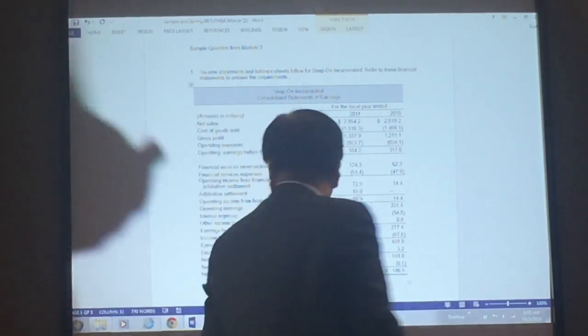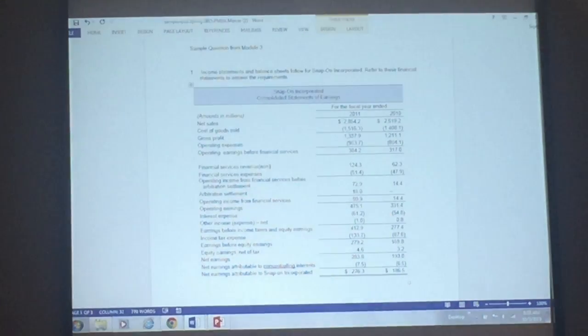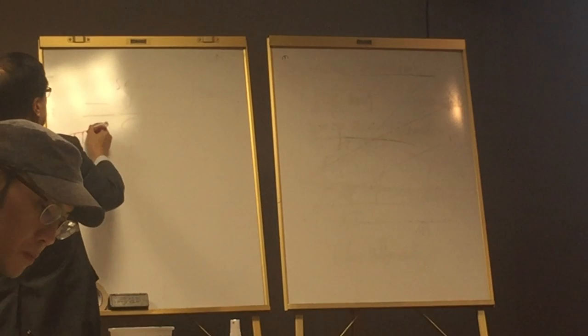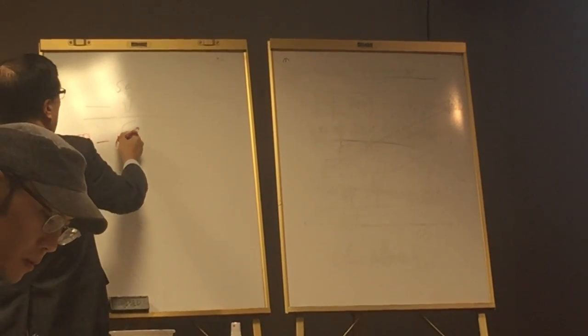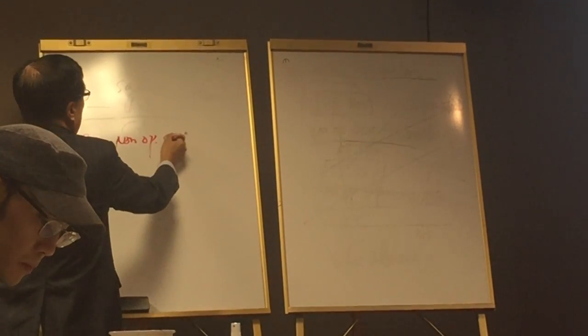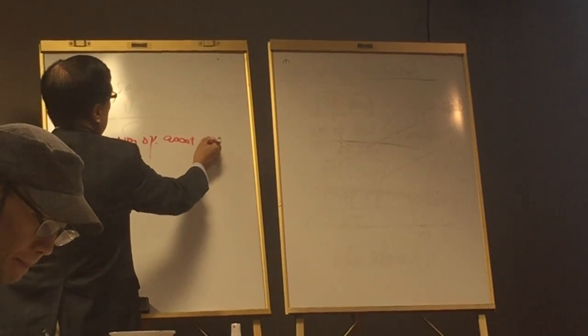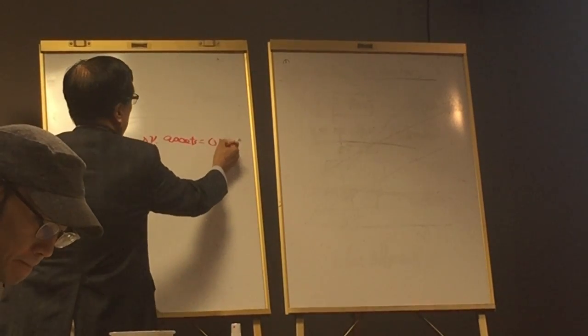So what you do is this. For both the balance sheet and income statement, I will say that total asset minus non-operating asset will be operating asset.